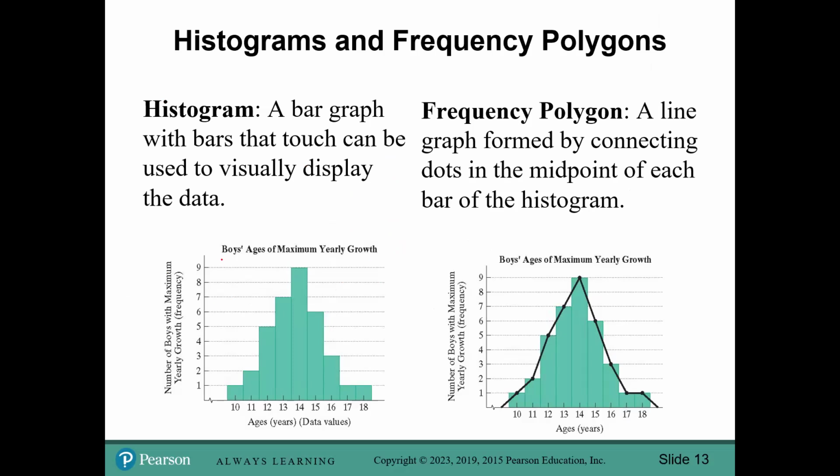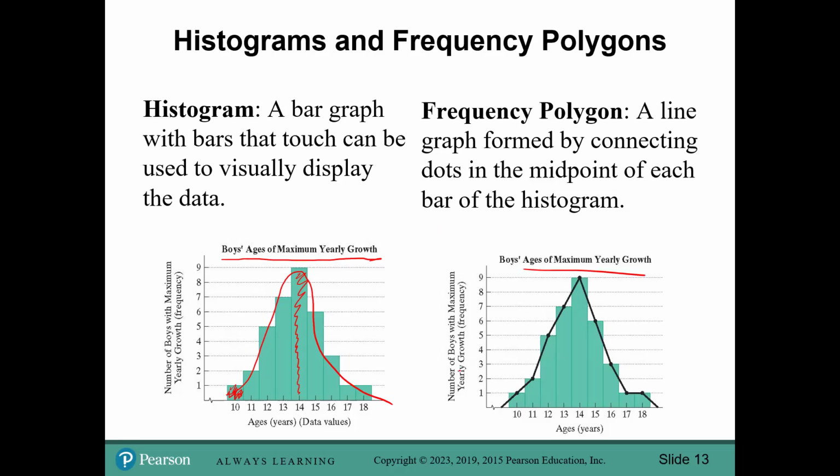So we had two frequency charts that we did. This one was the boys' ages at maximum yearly growth. If you recall, we had one student that maxed his growth at 10 years old, and then we had 9 students that maxed out their growth at 14 years old. But this gives us a visual representation of what's happening with these numbers, right?